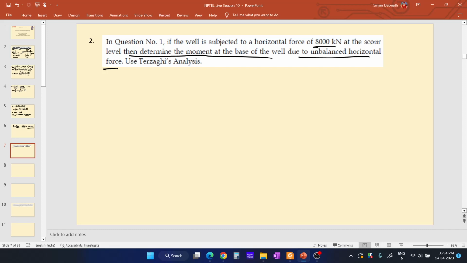So this question, question number two, is based upon the first question. Here we have been asked to determine the moment at the base of the well due to the unbalanced horizontal force, and the well is subjected to a horizontal force of 8,000 kilonewton.